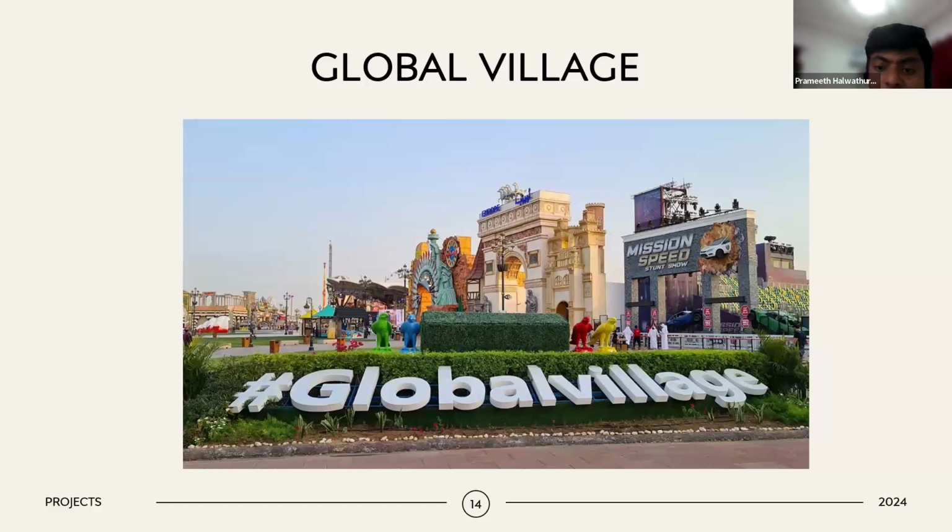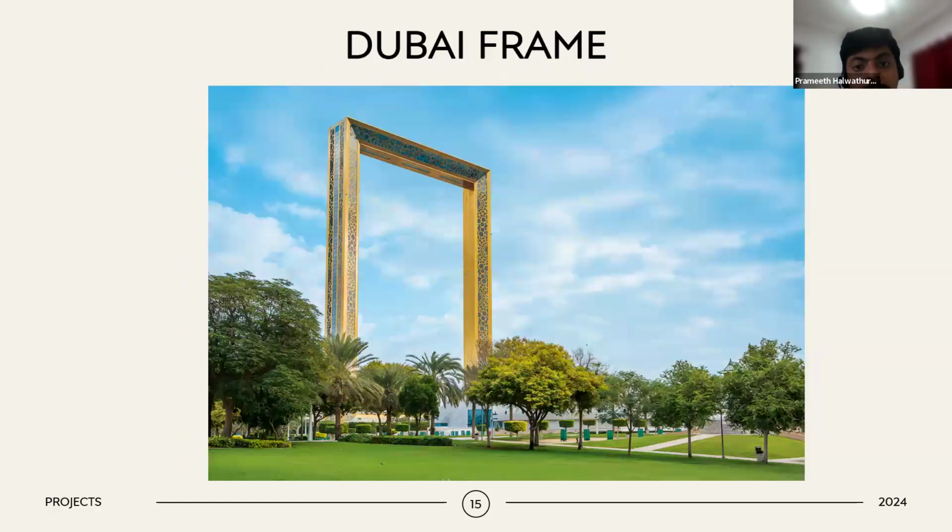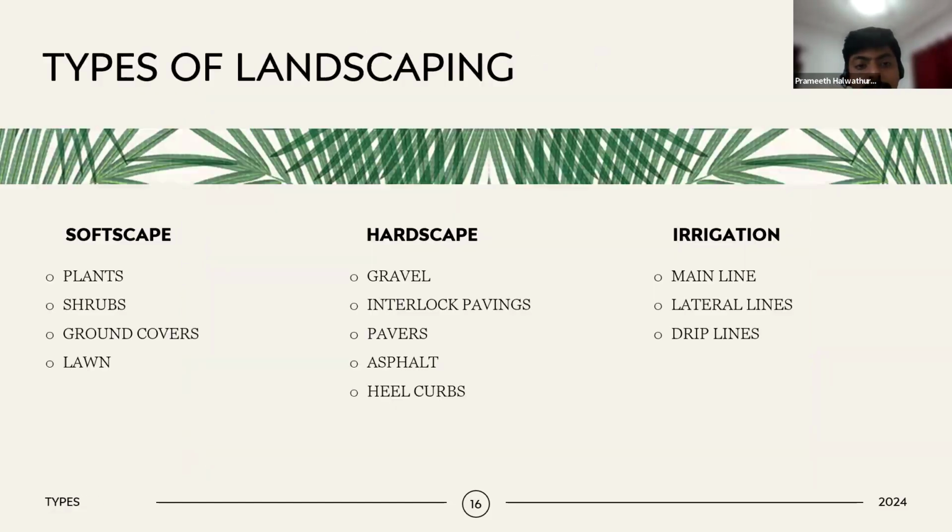But you have to touch everything, everywhere. Okay, now let's go on. In landscaping, you can see the Dubai Frame also. You can see the park, the trees. Then we will move on to the types of landscaping.